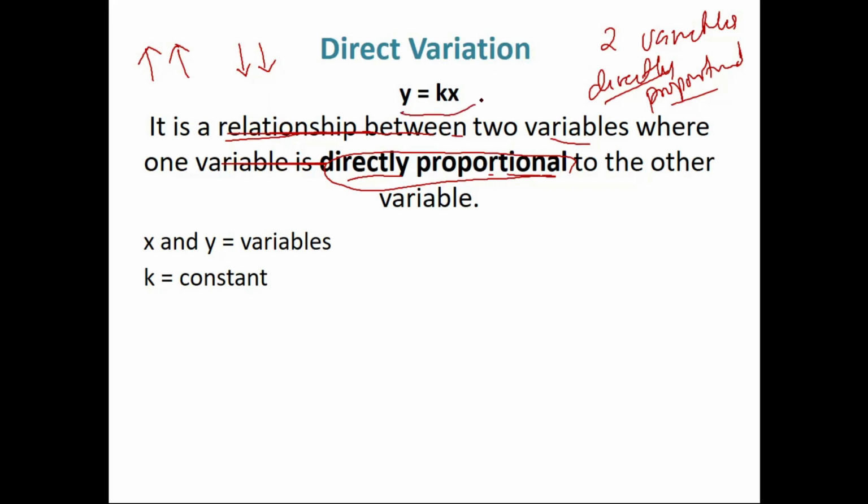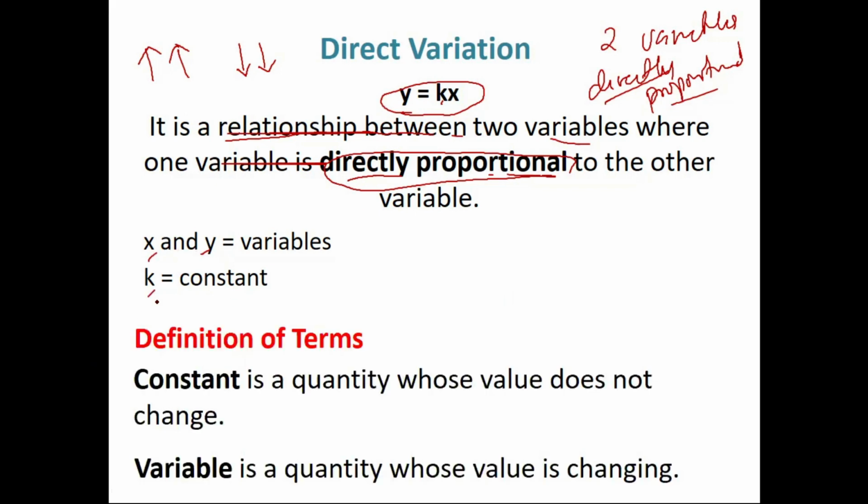So this is the general form of its equation. X and Y are the variables, and K stands for the constant term. And the constant term is a quantity whose value does not change. The constant term in a variation is the fixed value, considering of course the specified values of X and Y. An example of this is any real number.